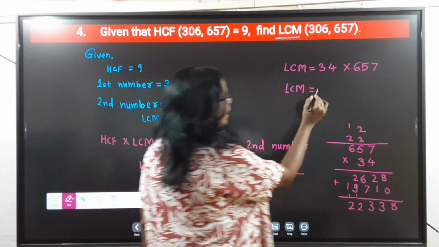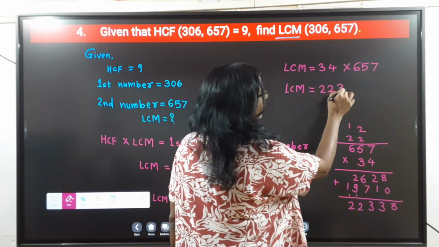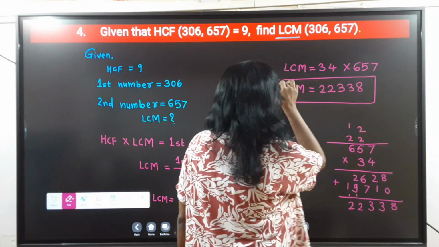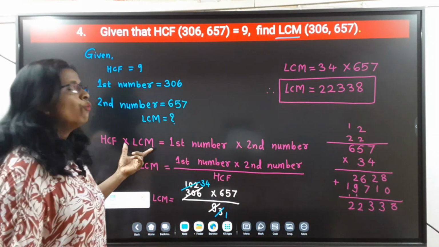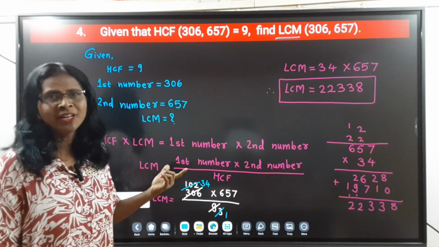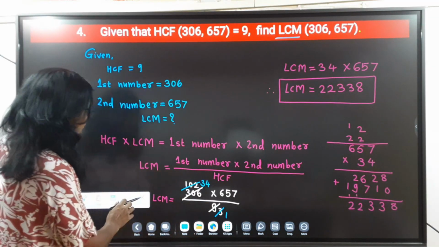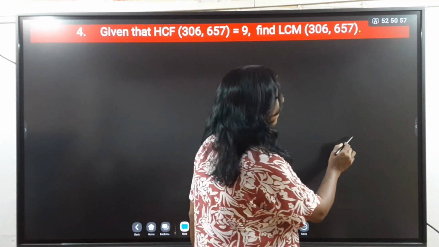So here I write down LCM as 22,338. Okay. So in such a way, by using this formula, we can calculate the LCM. Okay student, as well as we can calculate the HCF also. Okay student. Then the next example. See the next example students.